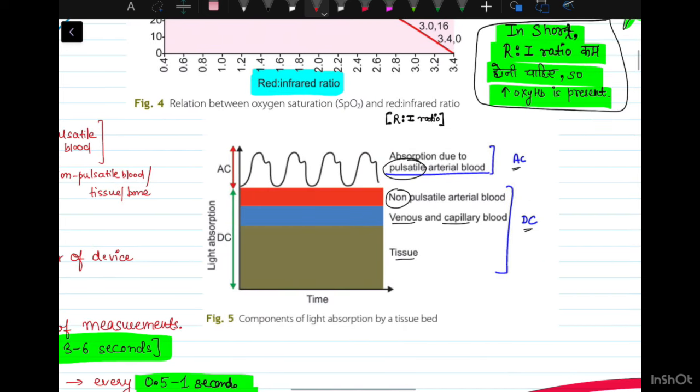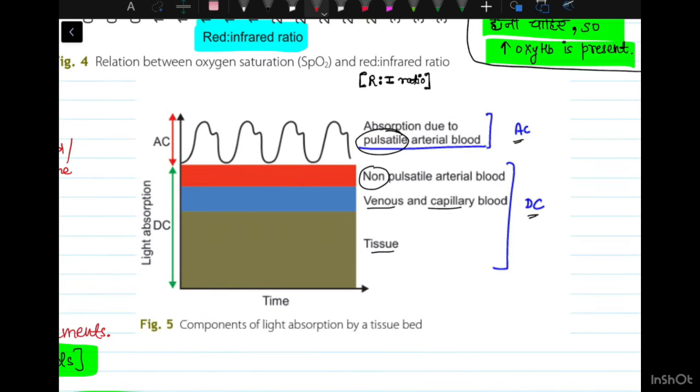Now what is that AC and DC? You can see by this curve what is AC and DC. If we plot the light absorption with respect to time, you can see that obviously in a finger nail bed there will be some pulsatile component, there will be some non-pulsatile component.